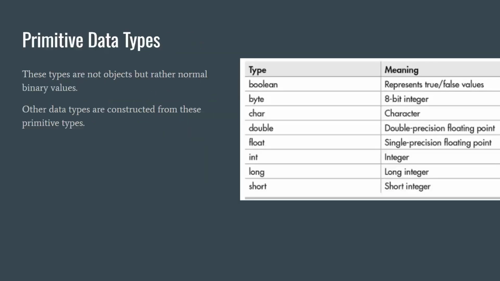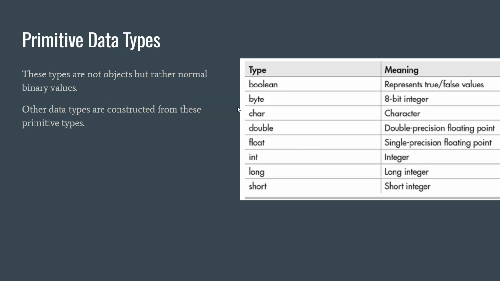So we have primitive data types in Java, and the reason why they are called primitive data types is because these types are not objects, but rather normal binary values.